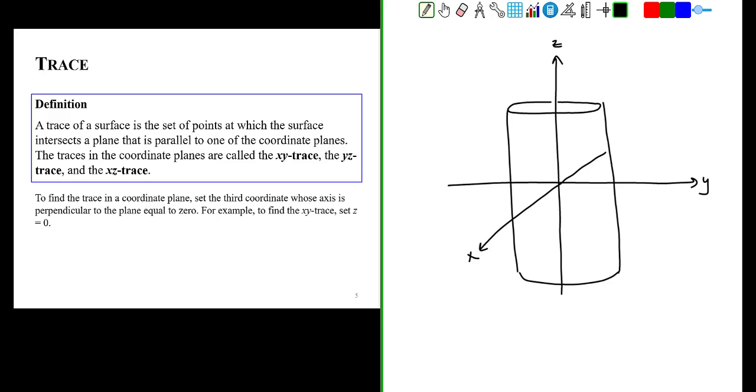So this would mean that we're going to have a plane at some value of y. Let's call this value y1. So if that value of y is equal to y1, our plane would slice through the cylinder. So let's sketch the plane.